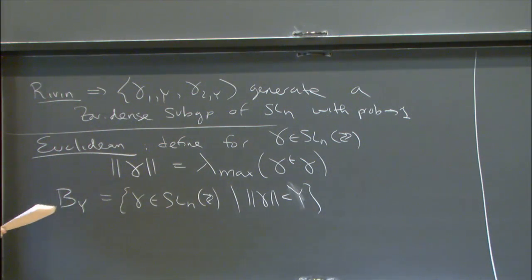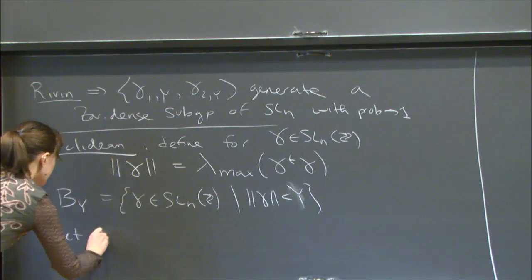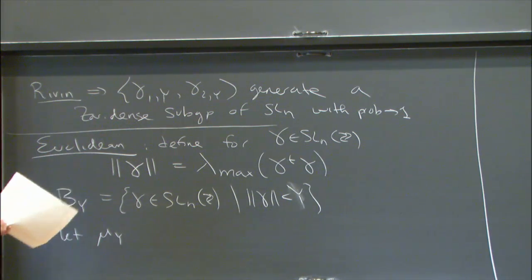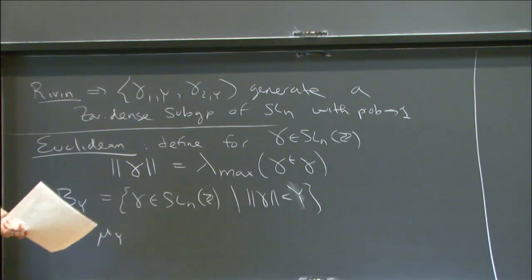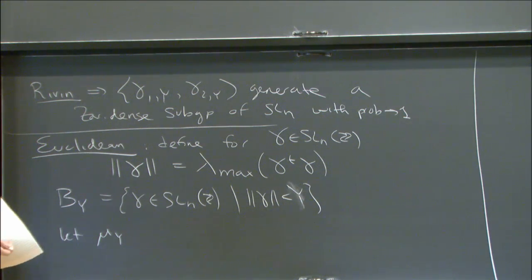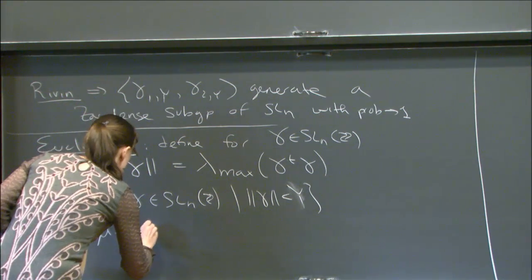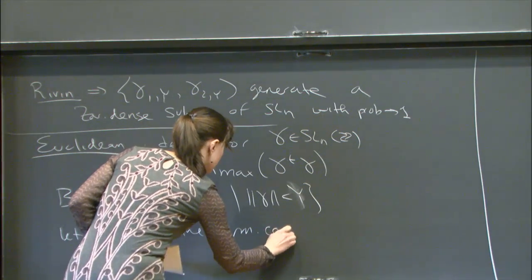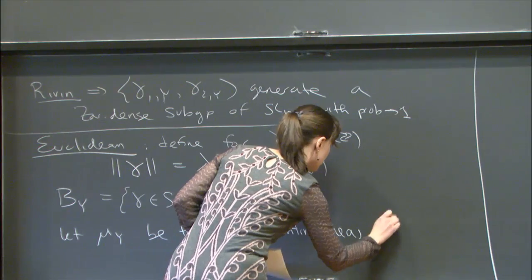Then I'm going to define mu_y to be the normalized counting measure on B_y. So B_y is some finite set for any given y, and mu_y of any subset is just the number of elements in that set divided by the total number of elements in B_y. So this is a normalized counting measure on B_y.